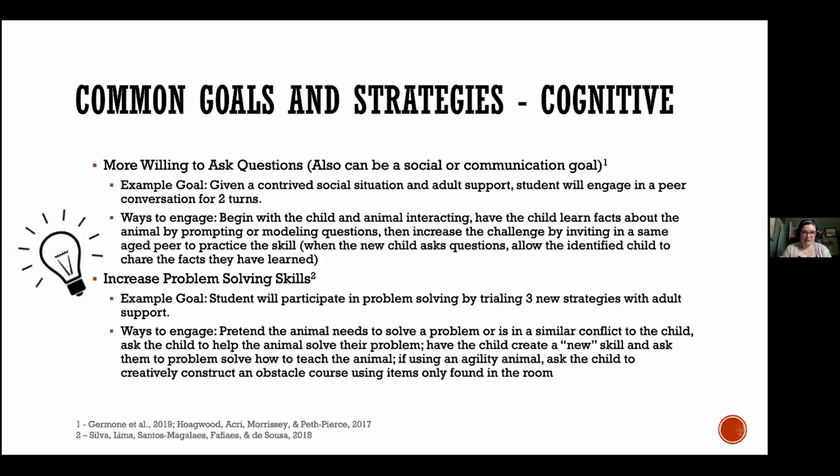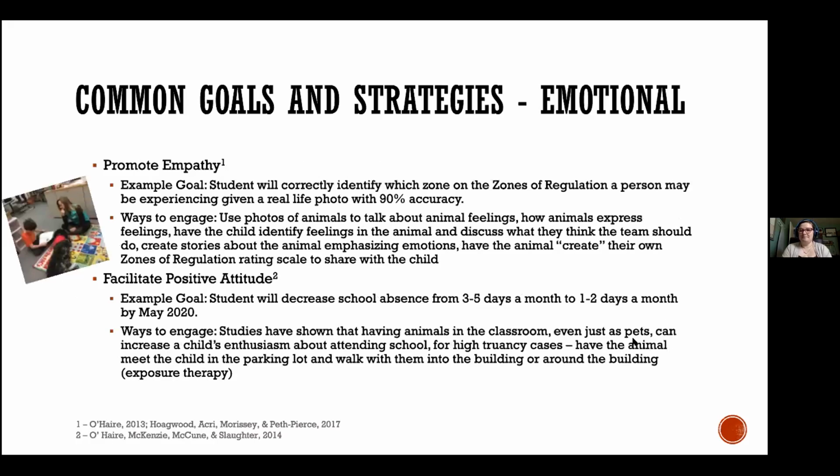Can this chair be used as a tunnel? Is the dog big enough to jump over it, or is he small enough to fit under it? Some of those different types of problem solvings just excite and engage a child of any age.